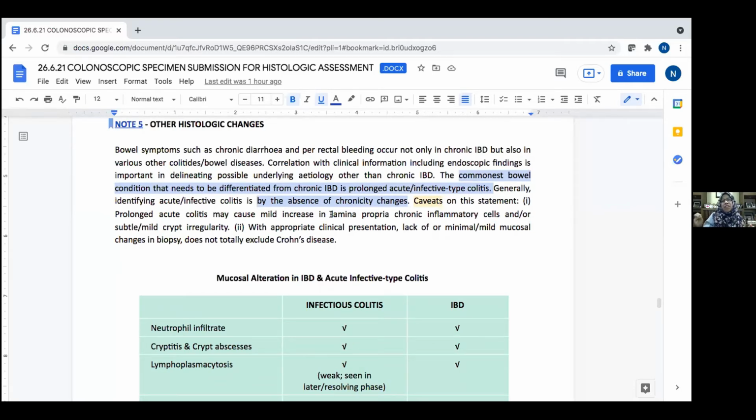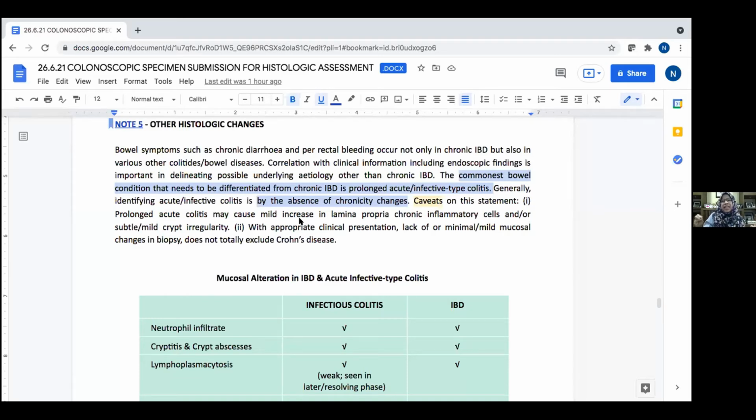So you will be looking almost like infective type colitis. If the history is that of 6 months of diarrhea and you're seeing features looking like infective colitis, likely it's Crohn's disease rather than prolonged infective colitis. The other caveat is that sometimes in prolonged infective type colitis, people go on and on having diarrhea for 6 weeks, 8 weeks.